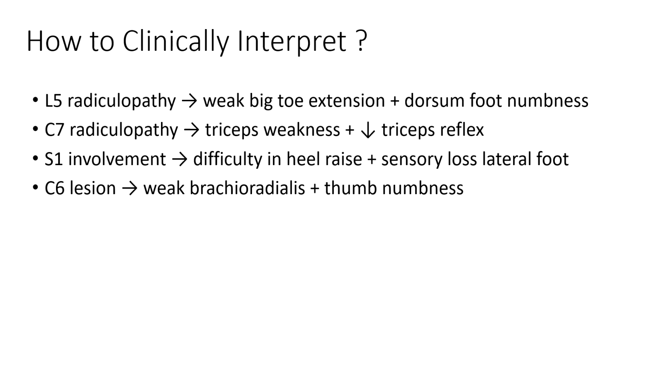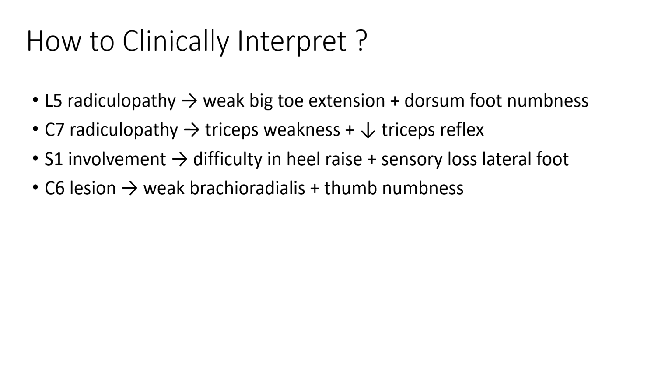And why is it clinically important and how are we going to interpret it? L5 radiculopathy means there would be a weak big toe extension and dorsum foot numbness. These are the clinical features which we can see, and we can interpret that it can be an L5 radiculopathy. And if there is triceps weakness with reduced triceps reflex during the assessment, we can assume that the patient may have C7 radiculopathy.